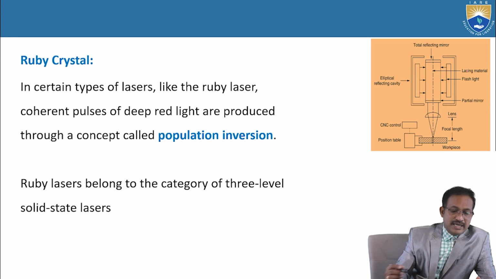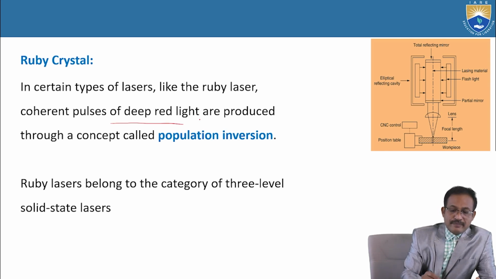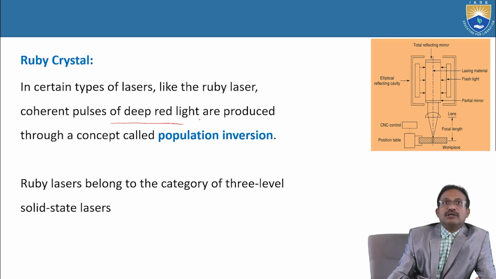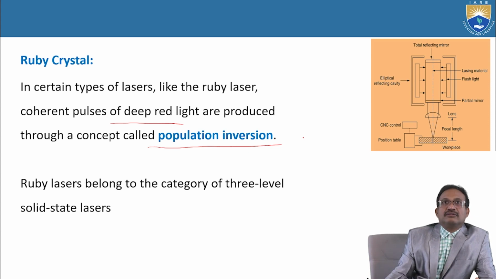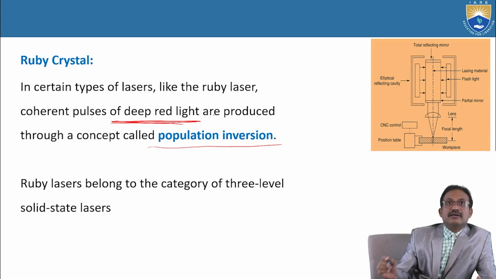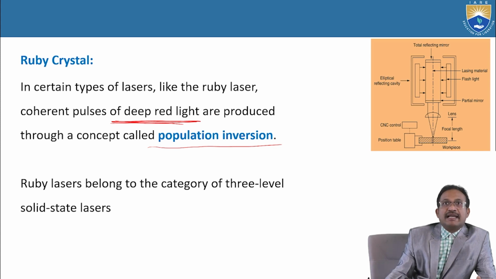In certain types of lasers like the ruby laser, coherent pulses of deep red light are produced through a concept called population inversion.